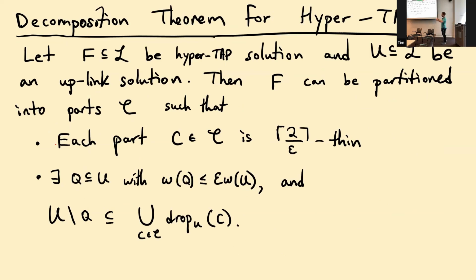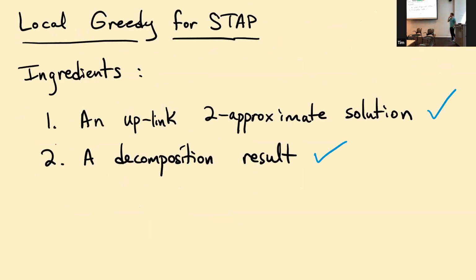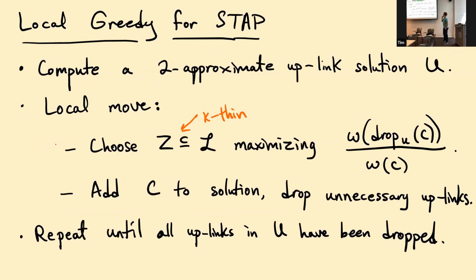If I have any uplink solution, any solution to hypertap can be partitioned into k-thin components, and for at most an epsilon fraction of the weight of the uplinks, you can add in some component to drop each of those links. So we will leverage that to get the local greedy algorithm and the approximation guarantee.